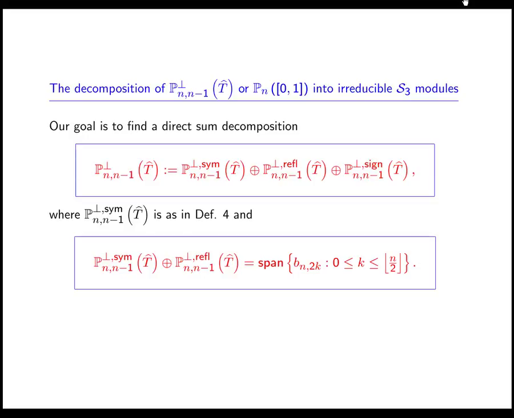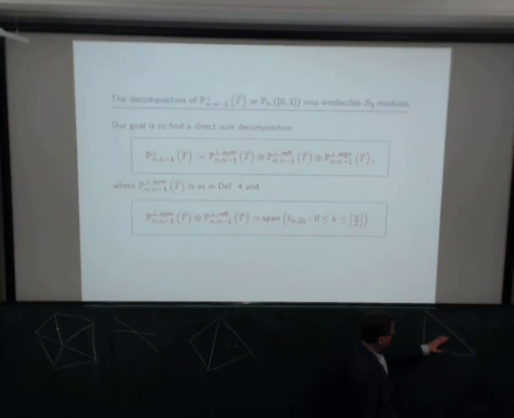Okay, and now we have the set of orthogonal polynomials. I have defined what the symmetric ones are. They will be important, but it is important to decompose this space into a direct sum, so that these two spaces span the space of all symmetric ones.